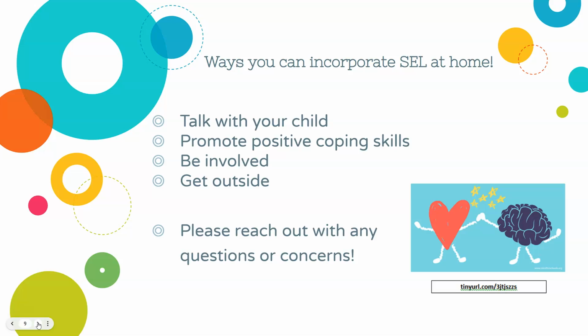Teach them ways that they can handle some of the emotions that they might be feeling and model those coping skills whenever possible. Be involved in their learning. Feel free to log on to their accounts and look at their work and help them with assignments. And I always encourage my families to get outside. If you're ever feeling stressed or overwhelmed, or your child is, please get outside. It can work wonders and really turn around the entire day.